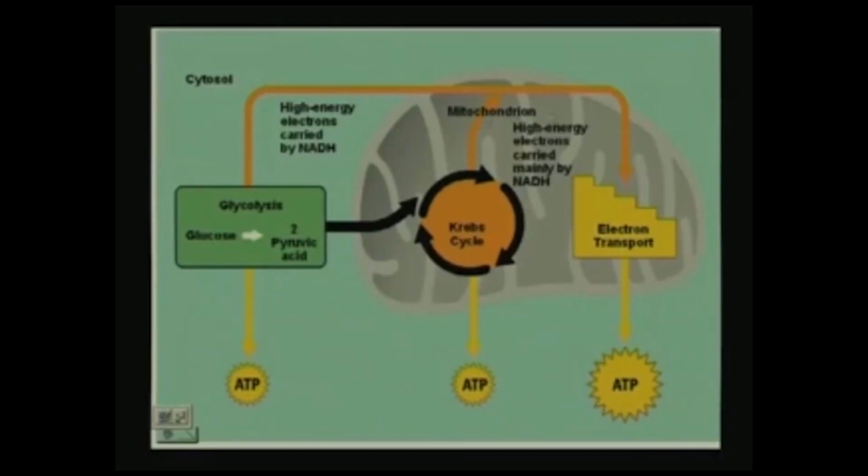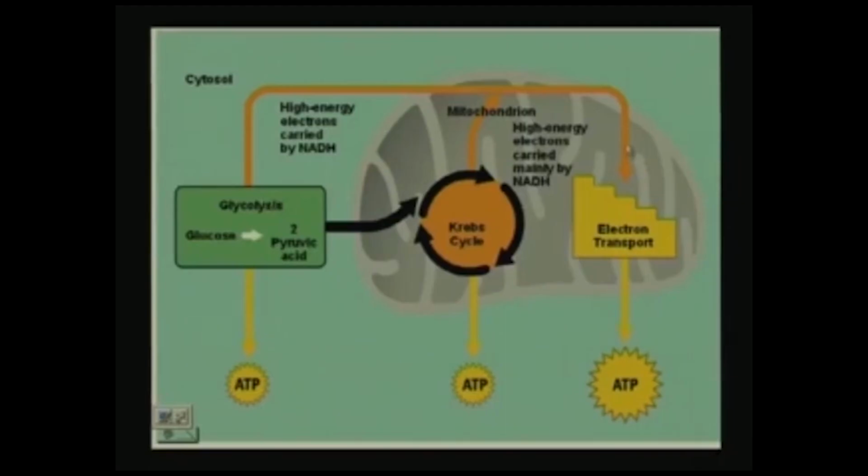Now, if you look at stage 2 and stage 3, the Krebs cycle and the electron transport, they occur in the mitochondria. This is the picture of the mitochondria, where you can recognize the inner folds called the cristae, and the glycolysis step occurs in the cytosol of the cell.